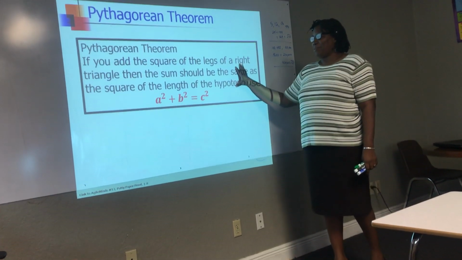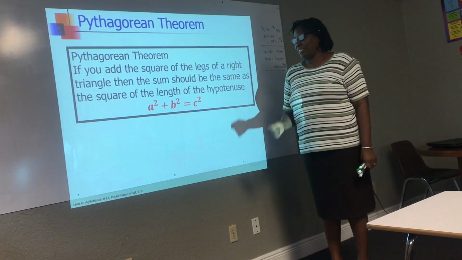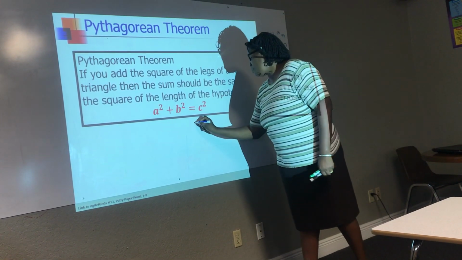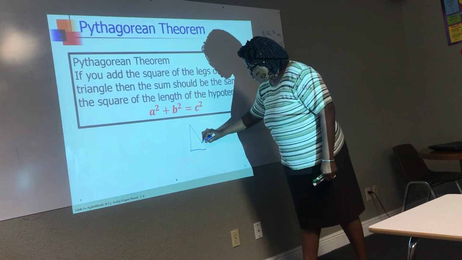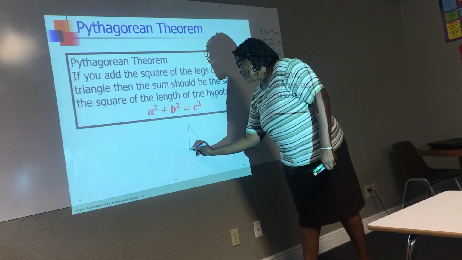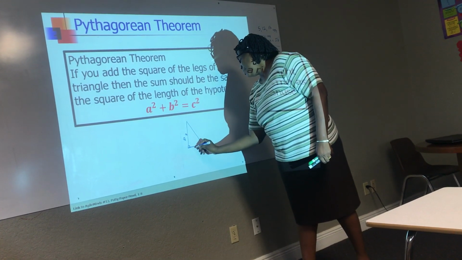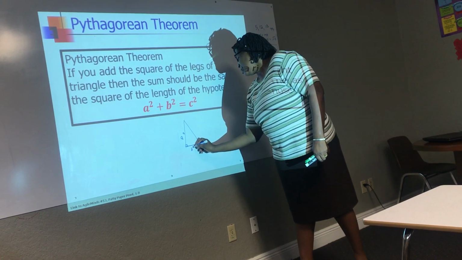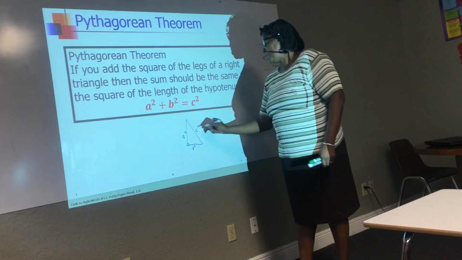The Pythagorean theorem says that if we have a right triangle, this is not drawn to scale, then the side squared plus the other leg squared must be equal to c squared.